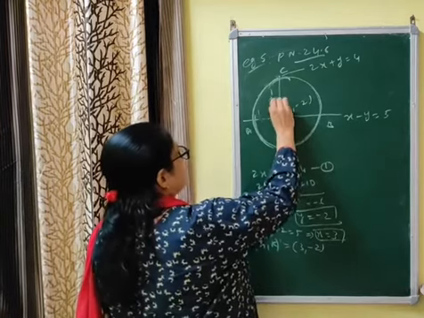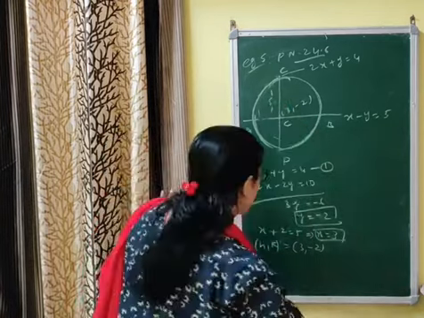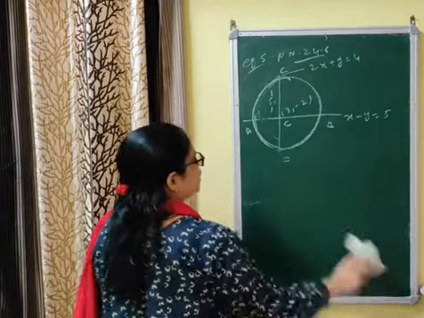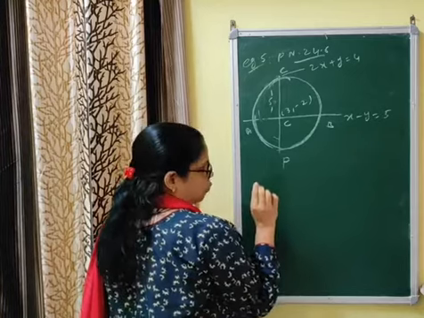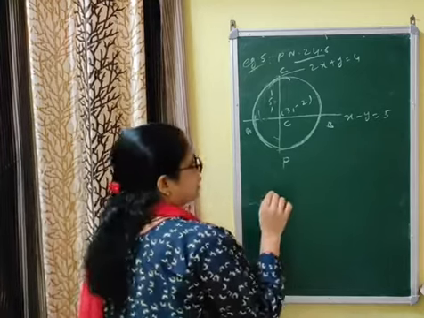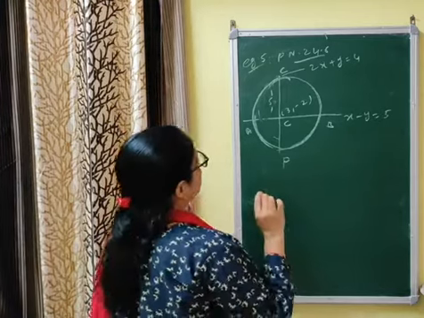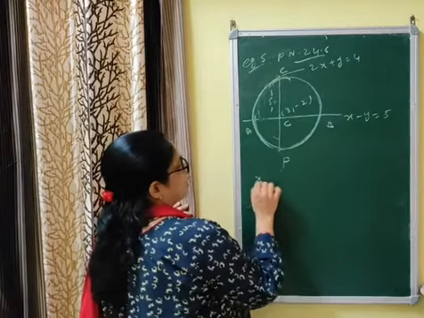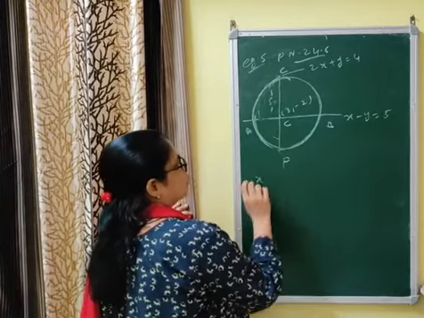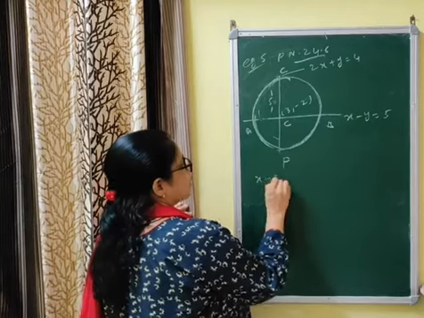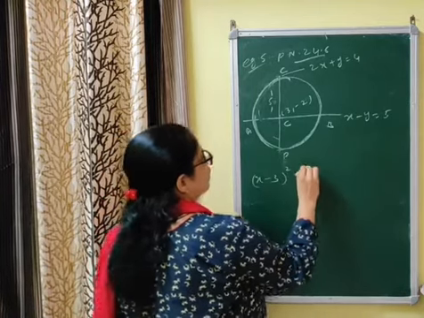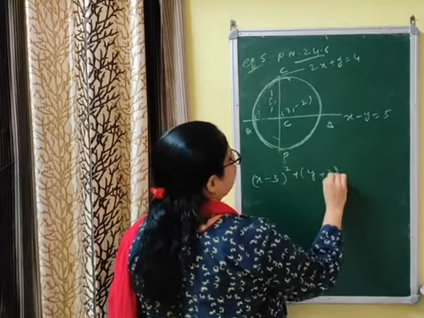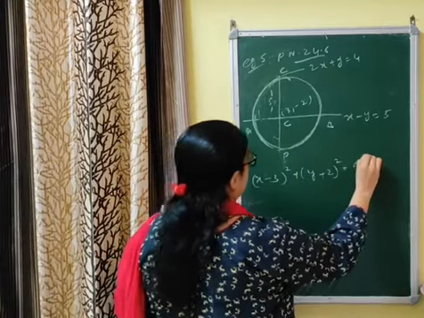Then by using the center form you can find the equation of the circle. Each time in each question, whatever form you are using, you have to mention it. That is better for you, as you will get marks. But I will not write these forms of the equation of a circle every time. (x - 3)² + (y + 2)² = r² = 5².